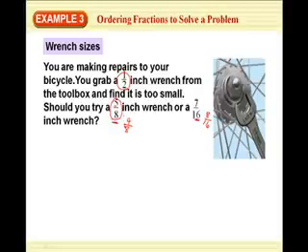Okay, so that's one way to do it, is just to use some common sense. So we need to find a wrench that's bigger. 5/8 is bigger than a half. But if you're not sure, what you can do is get common denominators. There's a 2, there's a 16, and that's 1/2, that's 5/8. We can change these all. I can see 16 goes into all of them. Let's change them all to 16s.